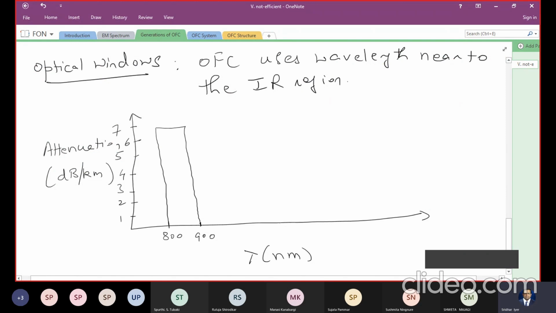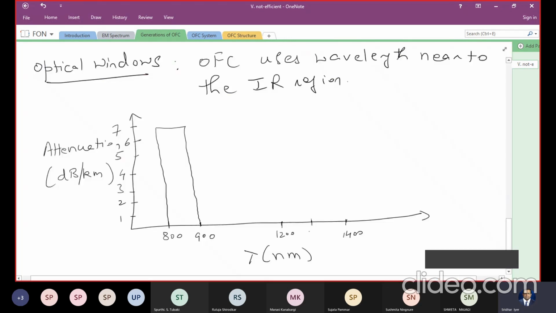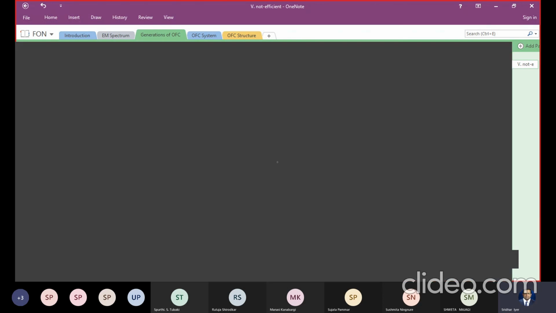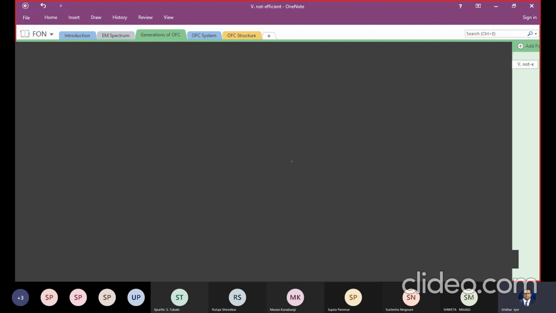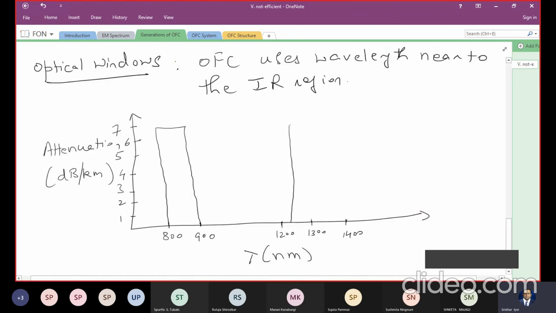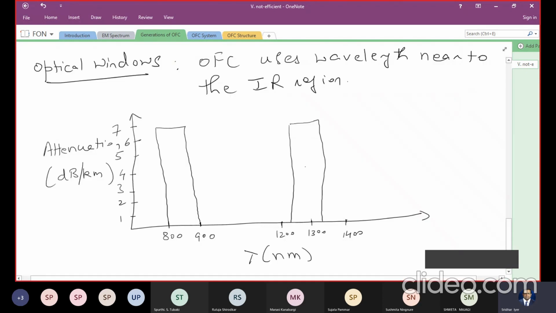The next window is somewhere between, let me draw it and then explain to you. So the window is somewhere here. It is around 1230 to about 1360 nanometer.